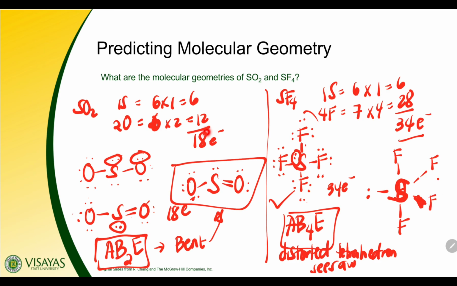Okay, then we complete the octet on the fluorine atoms. So this is now our distorted tetrahedron geometry for SF4, or sulfur tetrafluoride.